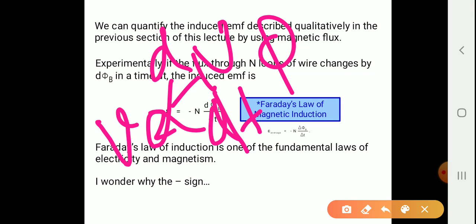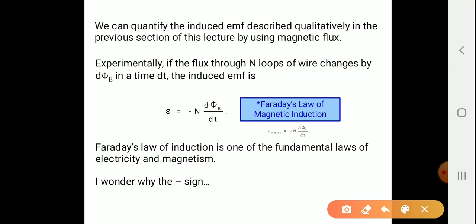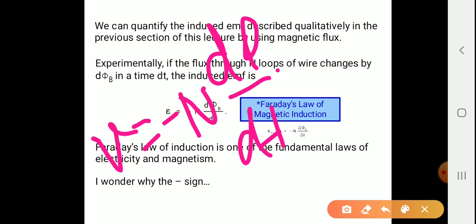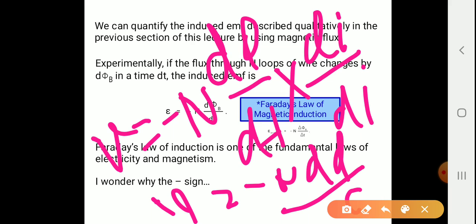So V equals minus N d phi over dt. In terms of current, we can write V equals minus N d phi over di into di over dt.